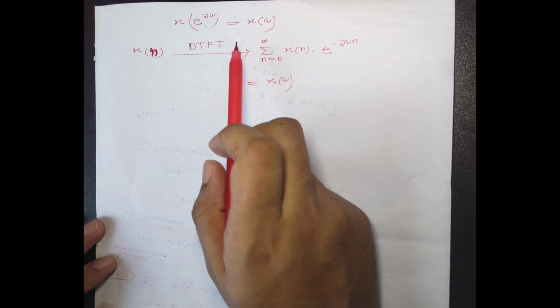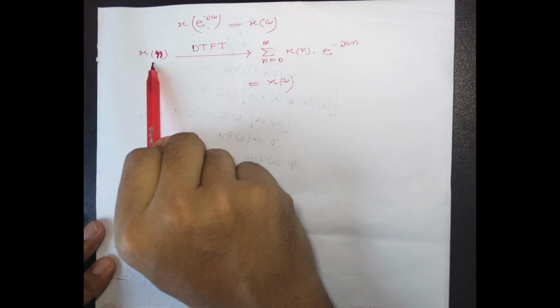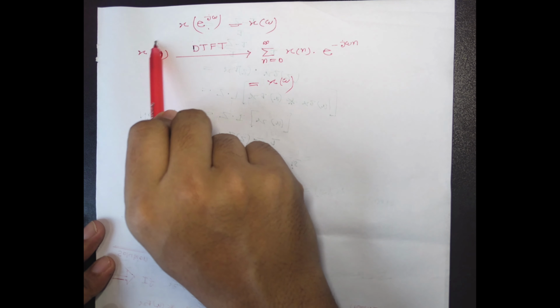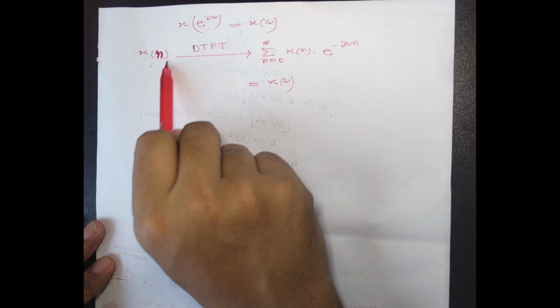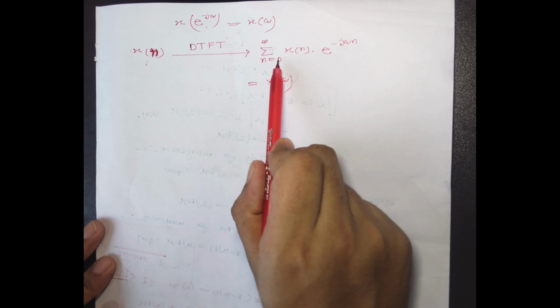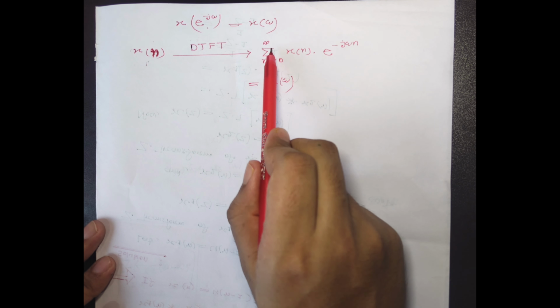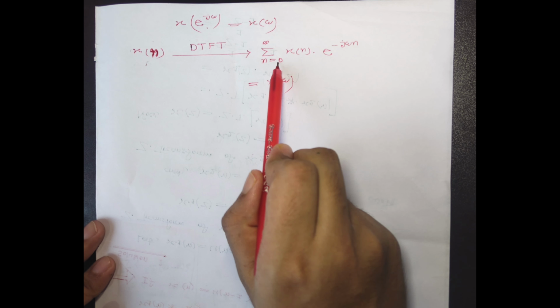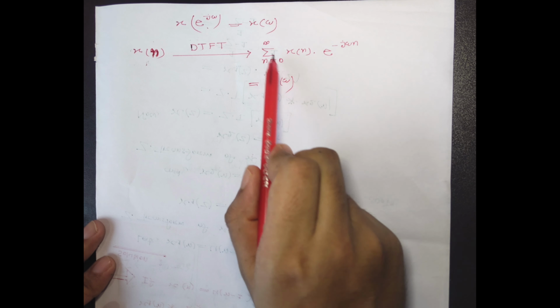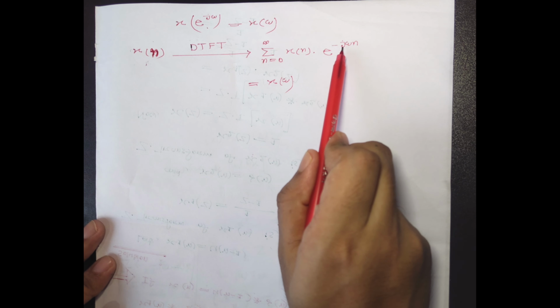If we take the discrete time Fourier transform of discrete signal x[n], then we will get X(ω), and X(ω) is the summation of n equal to 0 to infinity x[n] into e to the power minus jωn.